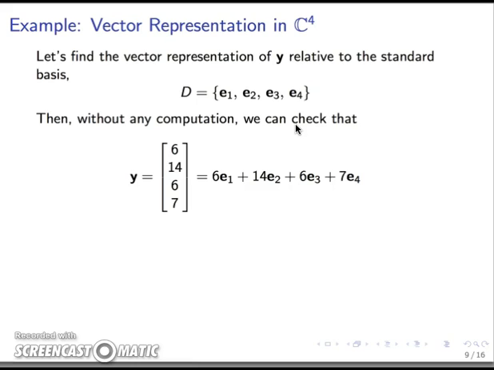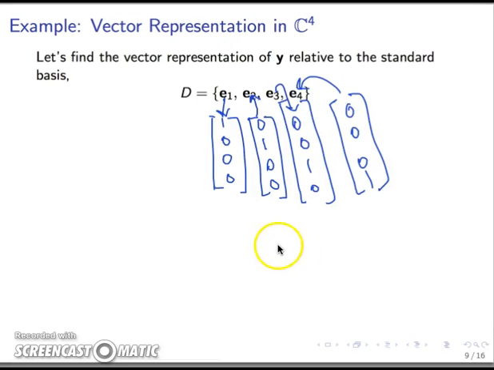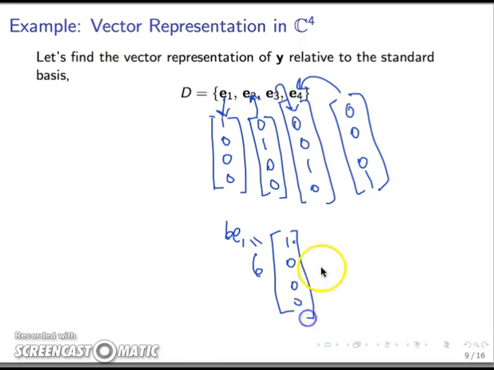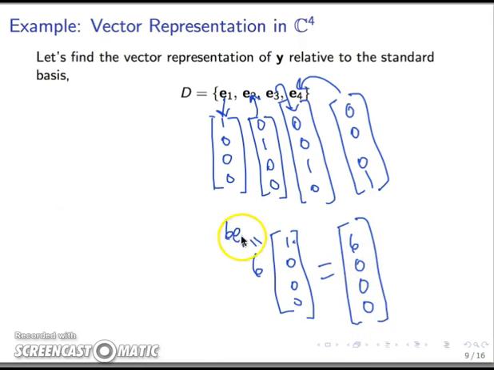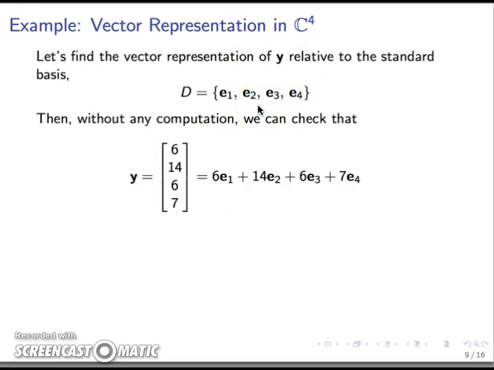This is the basis with the standard unit vectors, and we could represent, if I go back, look at, say, for example, what happens if you multiply 6 times E1. Well, 6 times E1 is 6 times 1, 0, 0, 0, and this multiplication becomes 6, 0, 0, 0, right? So if we add 6 times E1 to 14 times E2, this vector here in the middle is going to be a vector that has 0, 14, 0, 0, okay?